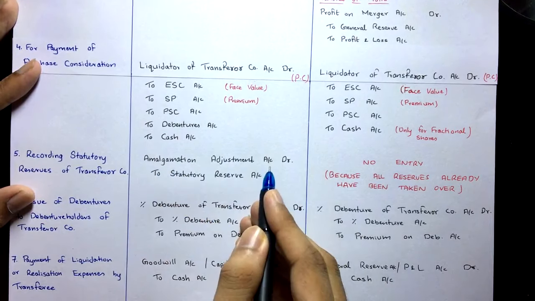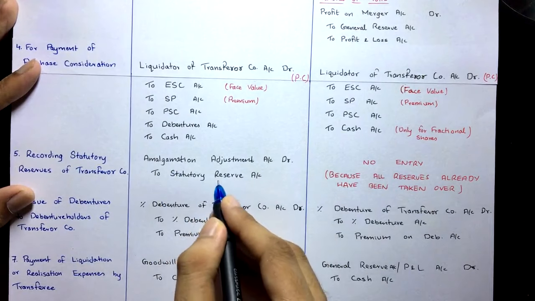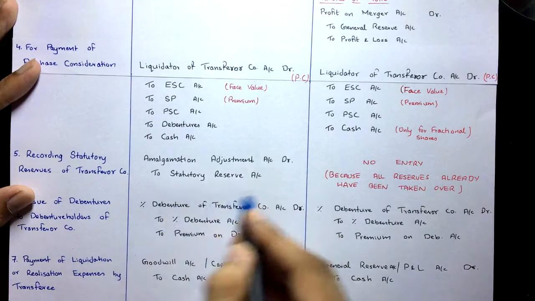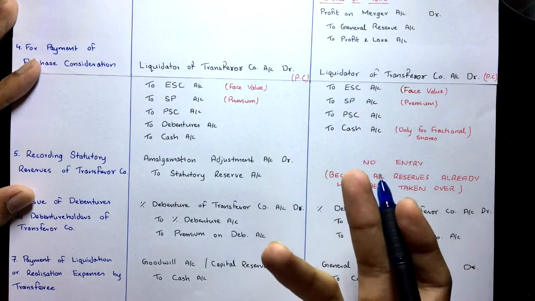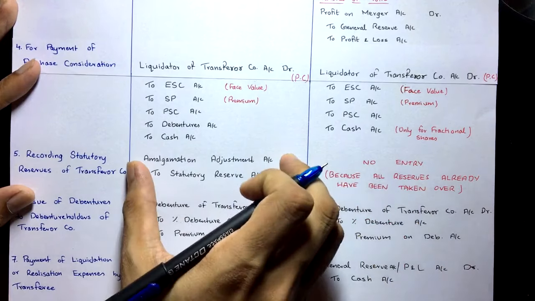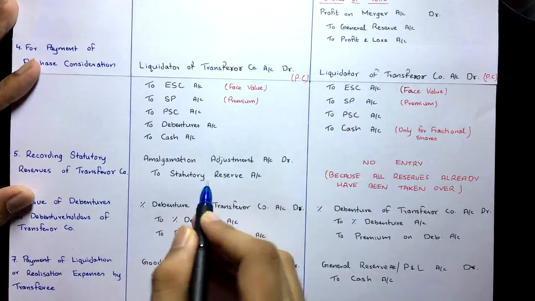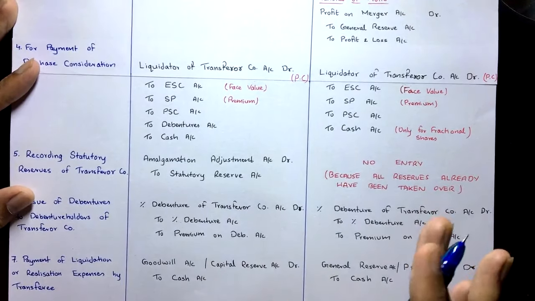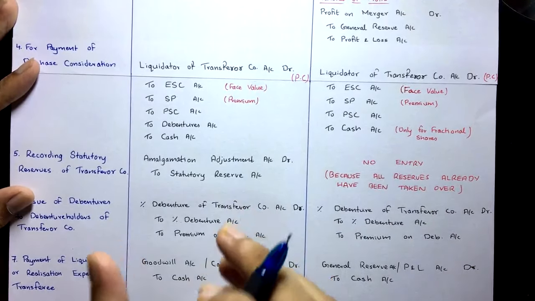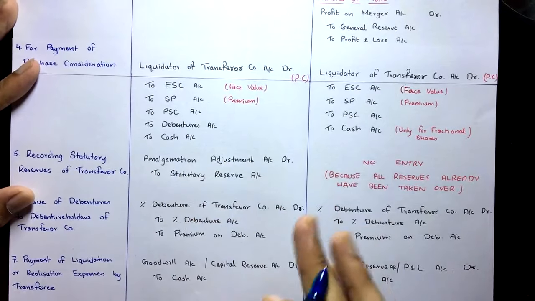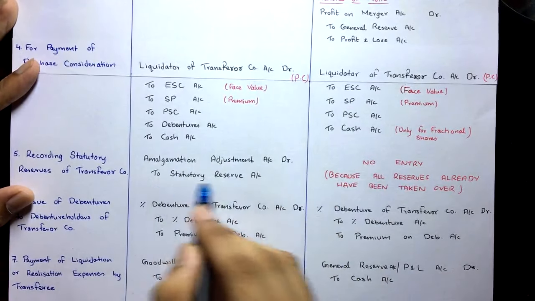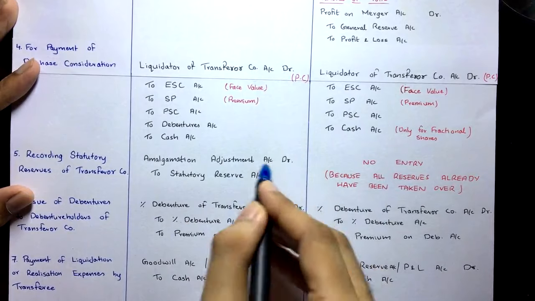It's just that we have to create the reserve, but we cannot have a one-sided entry, right? We are doing double entry over here, so there has to be some equal debit. So we take it as amalgamation adjustment account debit to statutory reserves. Is that clear? Don't go on finding the reason behind the debit. We cannot have just a single credit entry; we have to have an equal debit also.